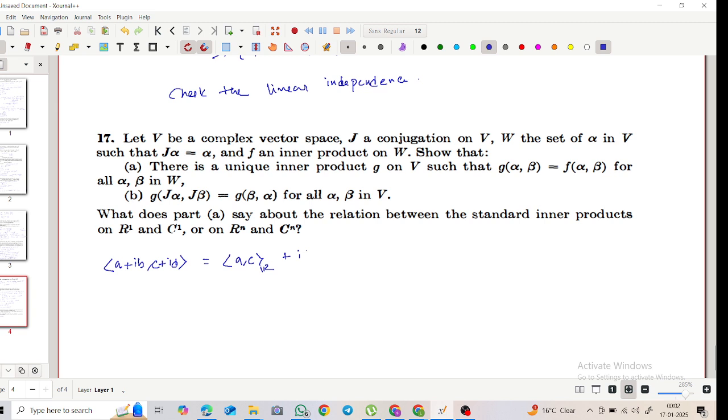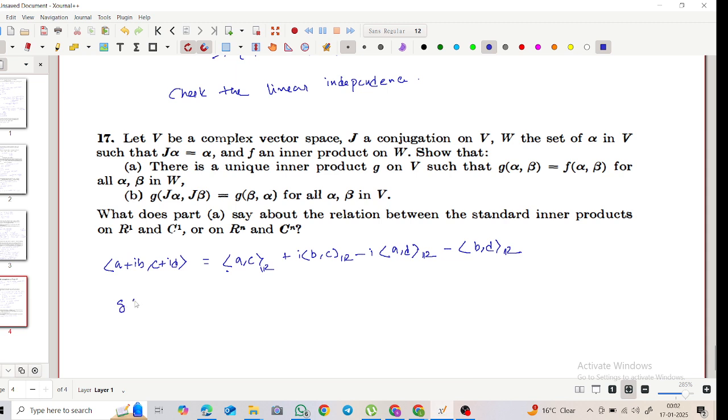Tell me what is this? i b inner product c plus, minus i a inner product d, minus. So keeping this idea in mind, just replace this by g and the real inner product by f.